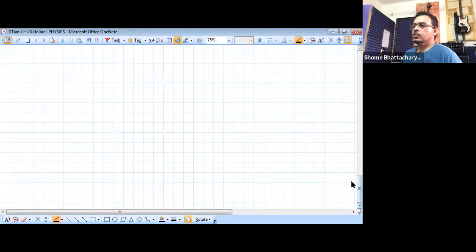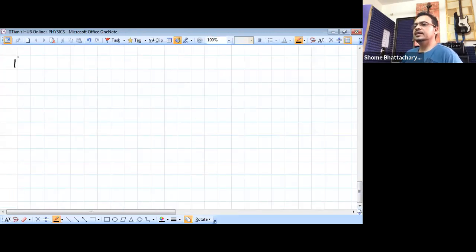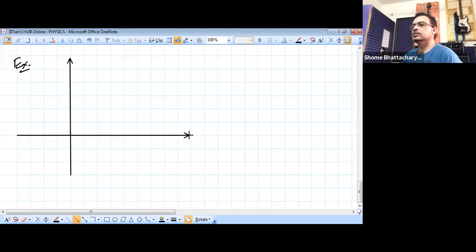Okay. All right, now let's see another type of situation. Now in my next example, I'm involving the XY plane by drawing two perpendicular axes. This is the XY system.